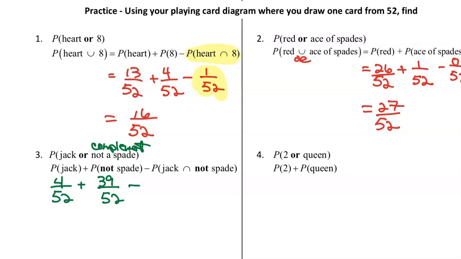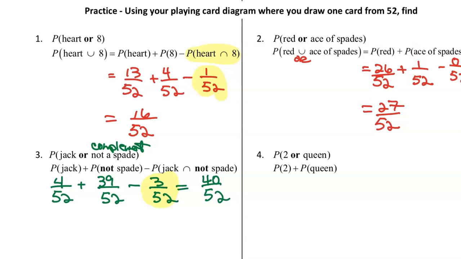Minus, isn't it true that you could have a jack and not a spade? There are jacks of hearts, diamonds, and clubs, so that's 3. So here's the intersection, and we're going to make sure that we subtract that away. So that's going to end up being 40 over 52.